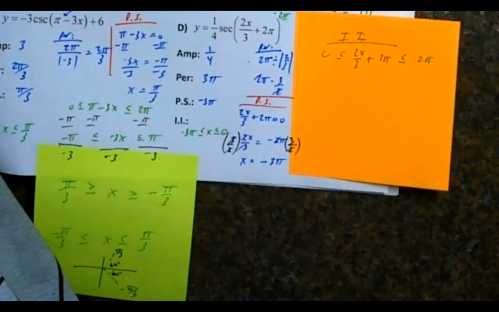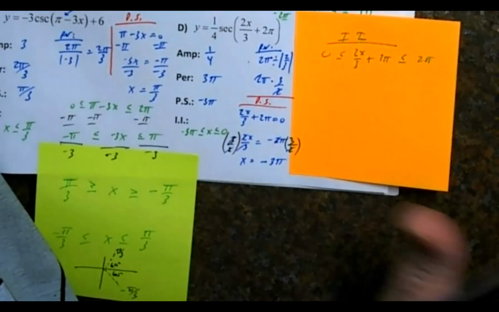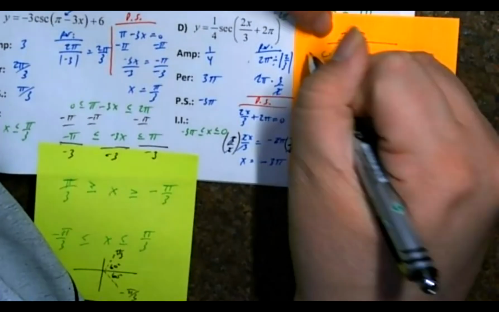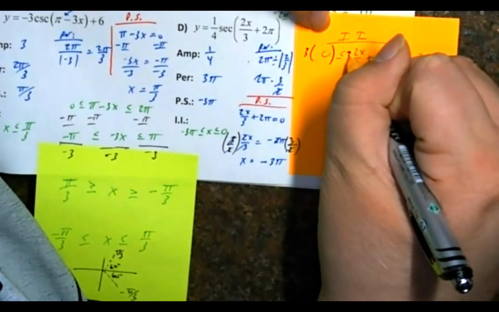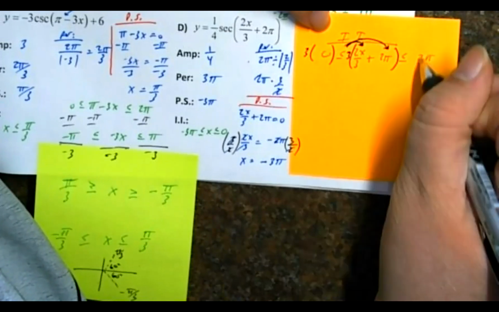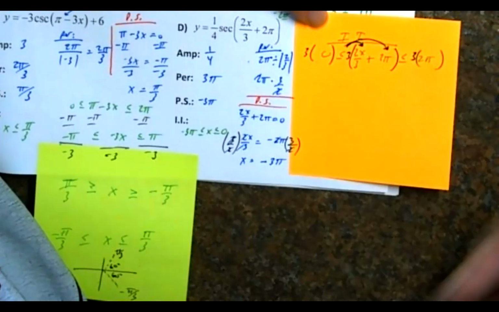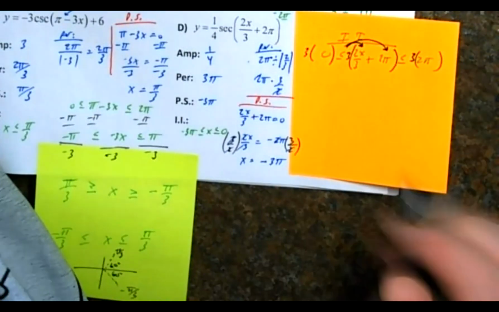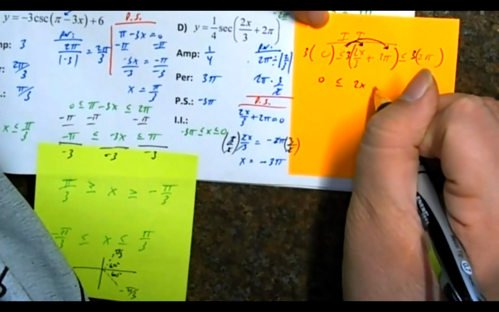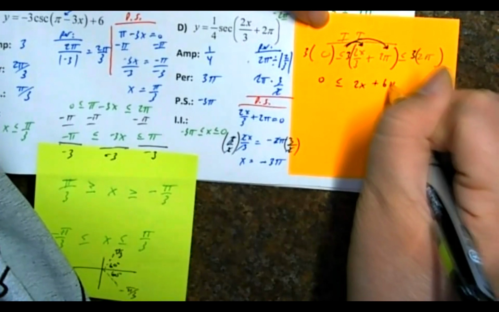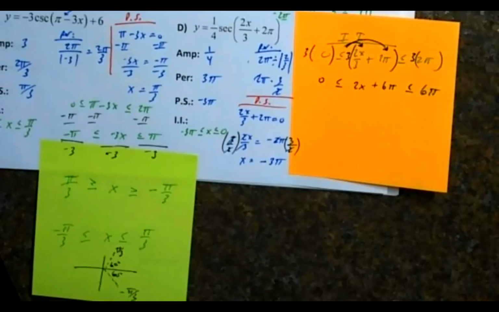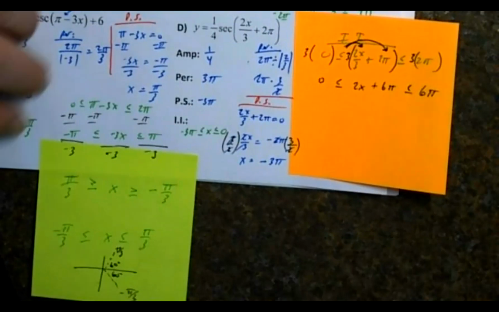Now, once again, I don't like fractions. I don't want to deal with fractions. So let's go ahead and multiply everything by 3 right now. I'm going to distribute 3 in here, and I'm going to multiply by 3 over here. That gives me 0 less than or equal to 2x plus 6 pi less than or equal to 6 pi. No more fractions. This is exactly what I wanted.